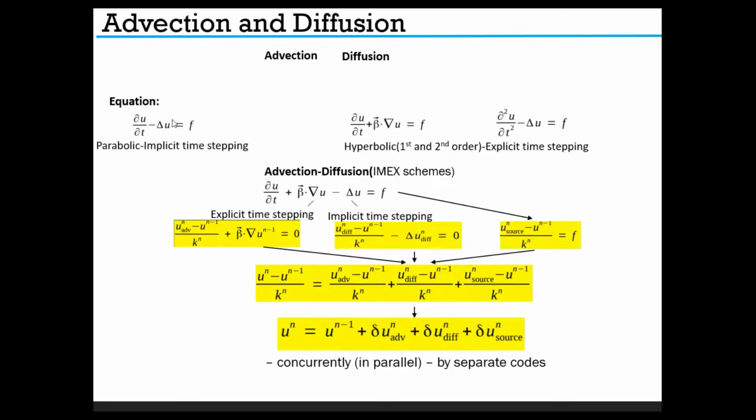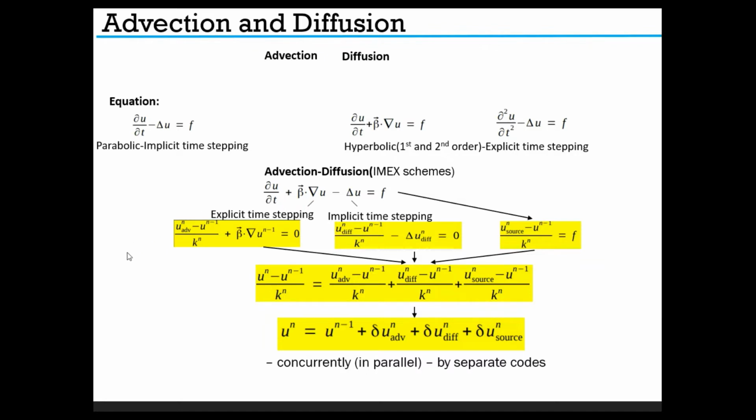For solving this type of advection and diffusion equation, I will talk about the parabolic equation, which is suggested to be solved with implicit time stepping, and for first order and second order hyperbolic equations, explicit time stepping has been suggested.